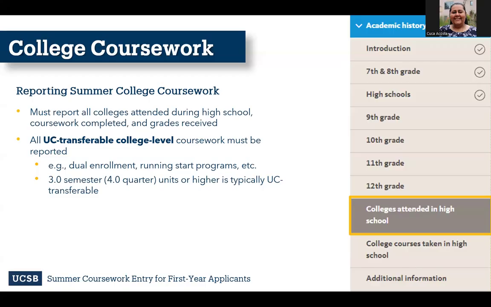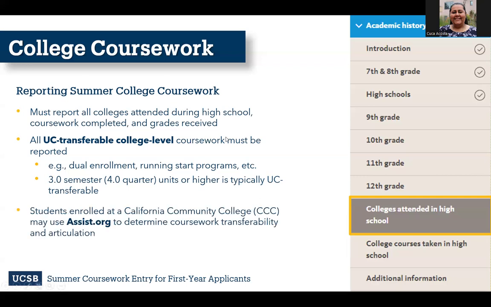In order to determine what's a UC transferable college level course, some guidance here. Typically, that means it's a 3-semester or 4-quarter unit course, and that is typically going to be deemed a UC transferable course. Now, for students attending a California community college, they can use assist.org to determine the transferability of that course.